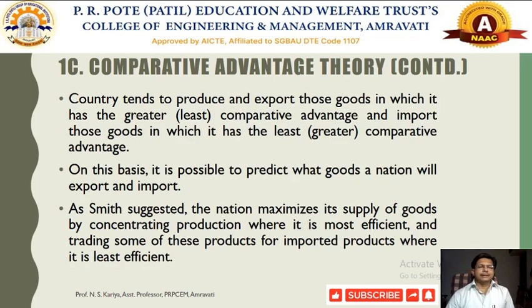So countries tend to produce and export those goods in which they have the greater comparative advantage, and import those goods in which they have the least comparative advantage. So there are two kinds of activities: the first is called export and the other is called import, by means of which we conduct international trade.